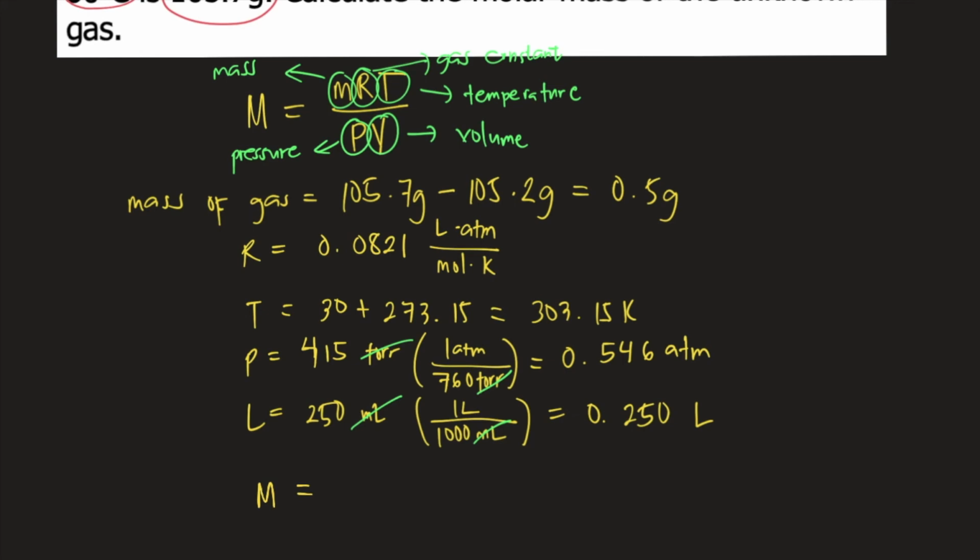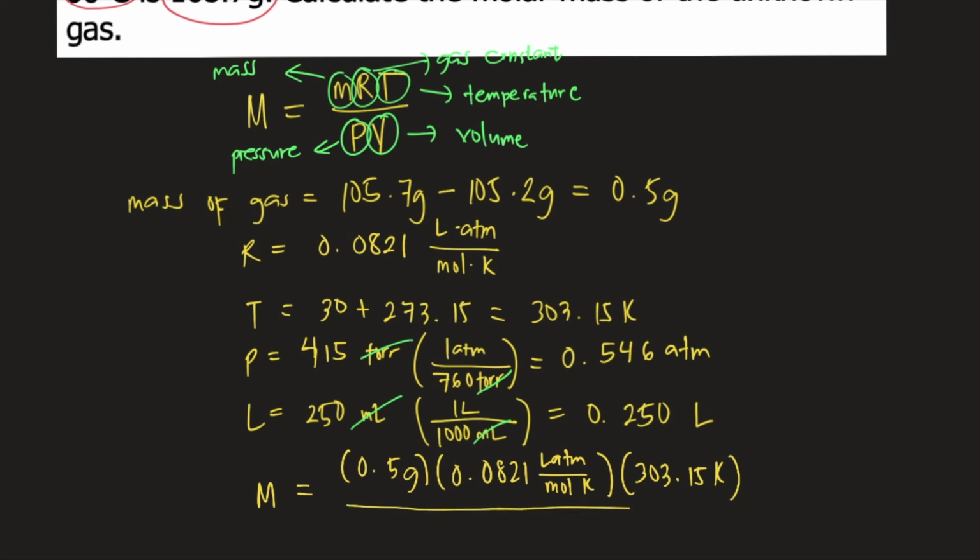Molar mass, again, is M. That's 0.5, R, 0.0821 liter atmosphere per mole Kelvin, T is 303.15 Kelvin, divided by P, pressure, is 0.546 atm, and volume is 0.250 liters.